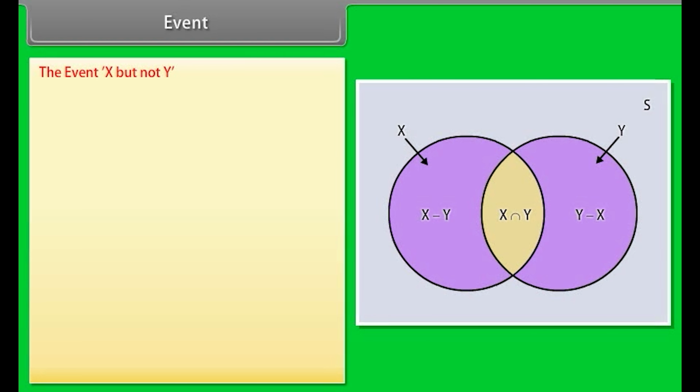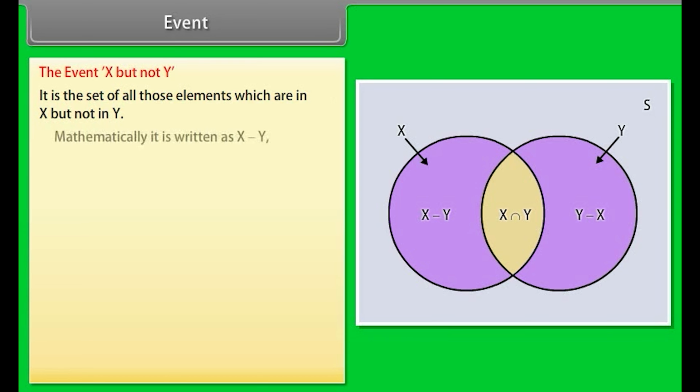The event X but not Y is the set of all those elements which are in X but not in Y. Mathematically, it is written as X minus Y, and X minus Y is equal to X intersection Y dash.